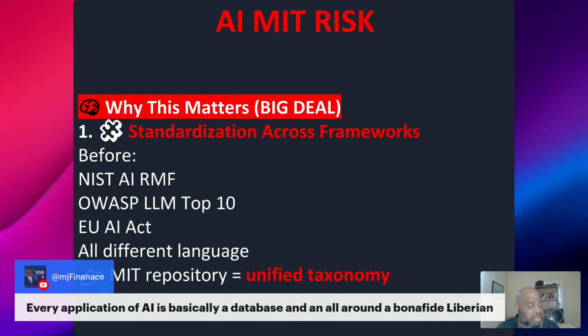They find every application of AI is basically a database, an all-around bona fide librarian. For an application, but once again, I think on the development side, if you look at especially Claude Code and ChatGPT, they're using it to generate code to pick up their velocity of releases.